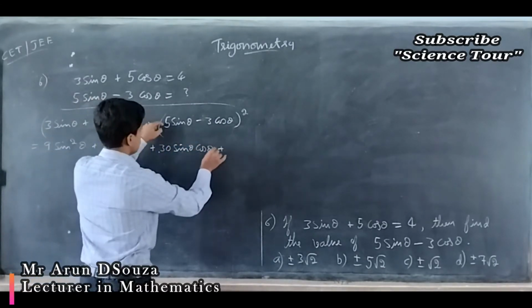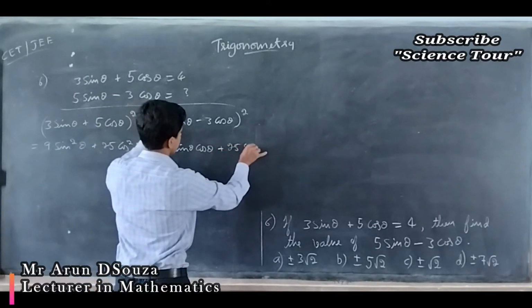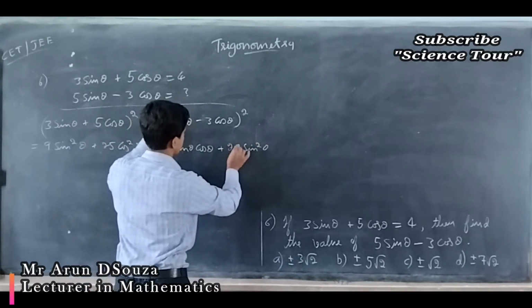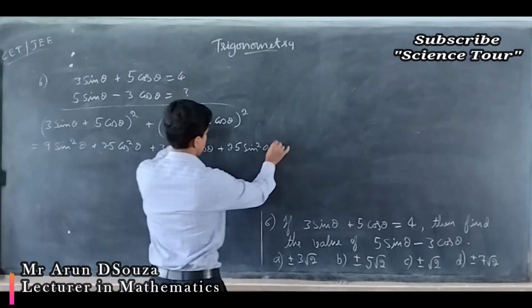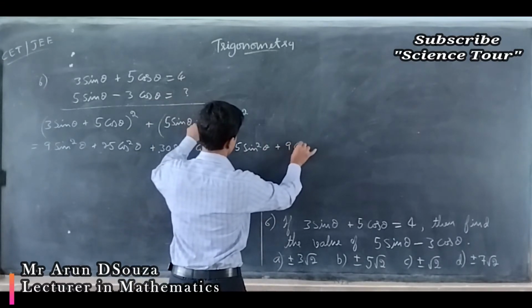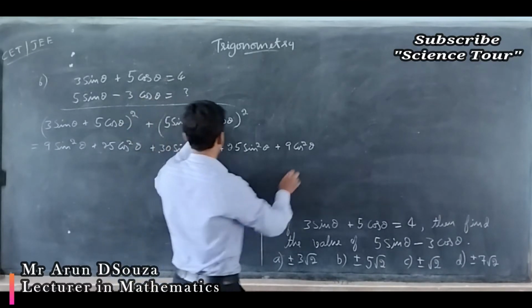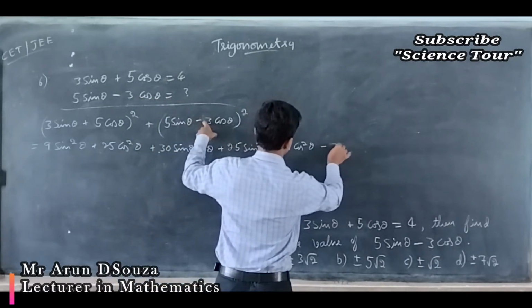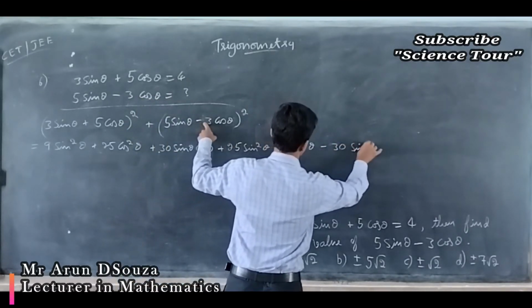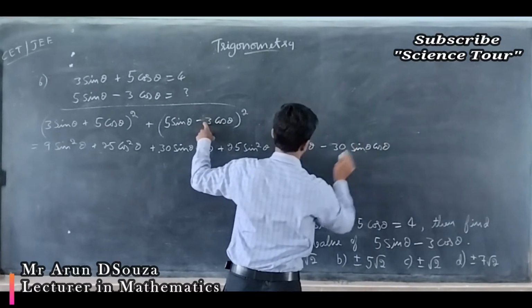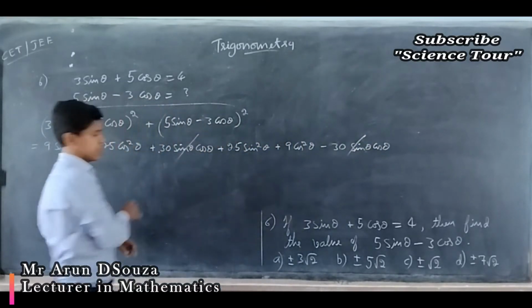And here you get 25 sin square theta plus 9 cos square theta, and then minus 30 sin theta cos theta. So this you can cancel straight away.